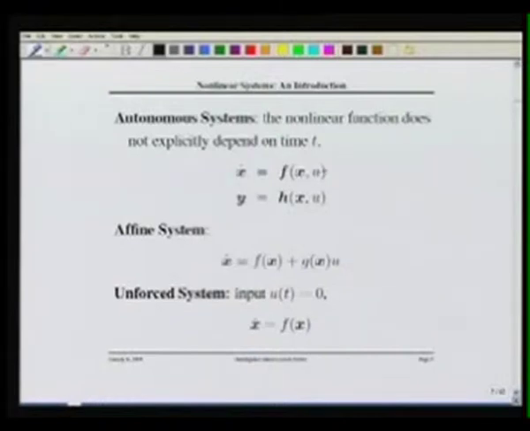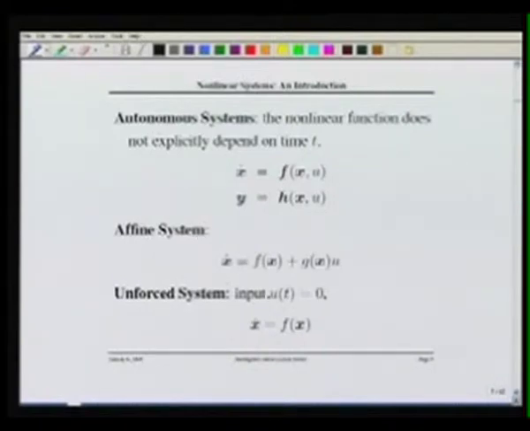Here is an example of an autonomous nonlinear system, x dot equal to f(x, u). Autonomous means it does not explicitly depend on time, and y is h(x, u). This is a generalized state space model of an autonomous nonlinear system. Some systems that have been very widely studied are known as affine systems.